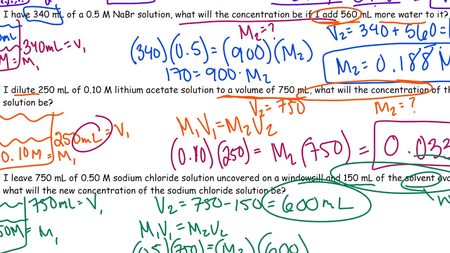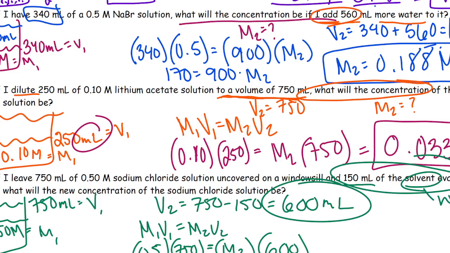Now, just reading this and not even doing math yet, should your new concentration be higher or lower than the original concentration? So can you picture what's happening in this situation? You have a certain amount of salt that's dissolved in your water, and then you leave that whole solution sitting out, and some water evaporates, but no salt is evaporating.